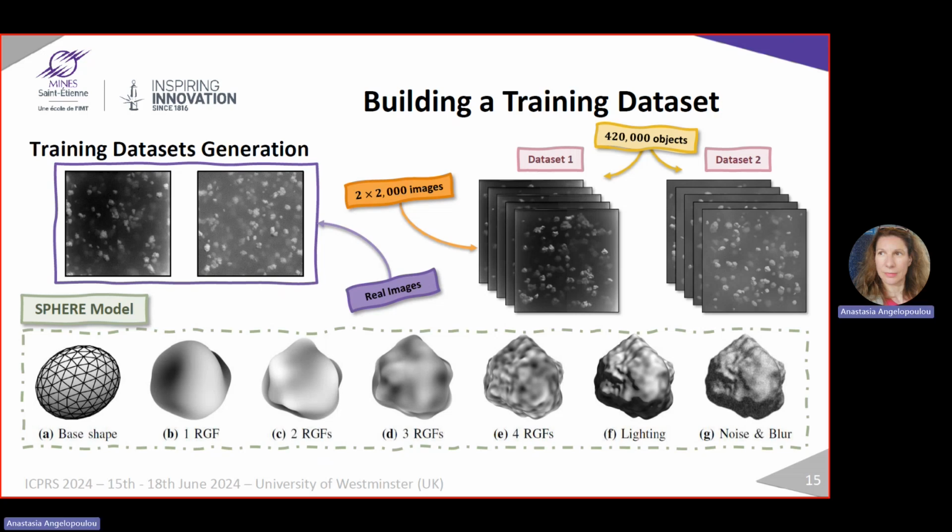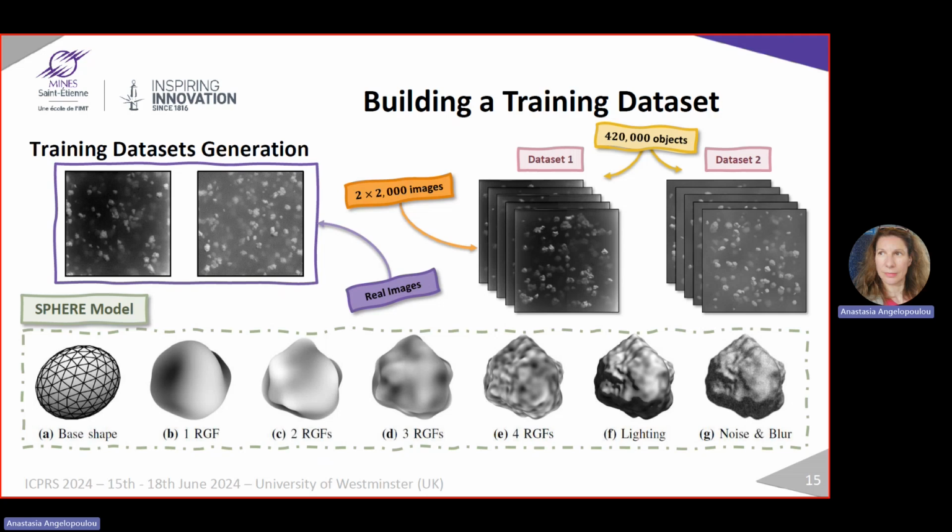And it's fairly basic. Again, we have the base shape, we deform the mesh, and we add some lighting, some noise, some blur to get a more realistic aspect. Then we control the image, and we can see that it kind of looks like the real images, but we wanted a real measure of this.